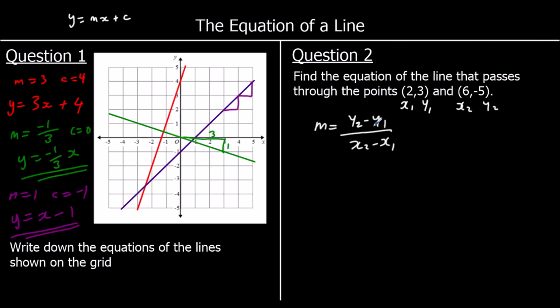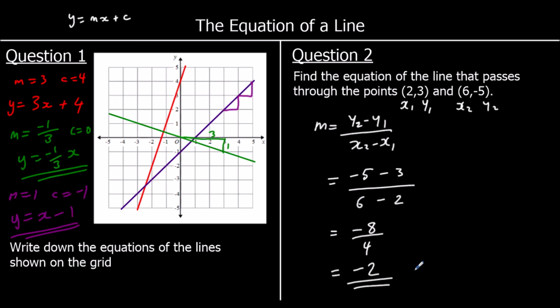So y2 is negative 5, so negative 5 minus 3 over x2 minus x1, 6 minus 2. So we've got negative 5 minus 3, which is negative 8, over 6 minus 2, which is 4. 8 over 4 is 2, so negative 8 over 4 is negative 2. So the gradient is negative 2.